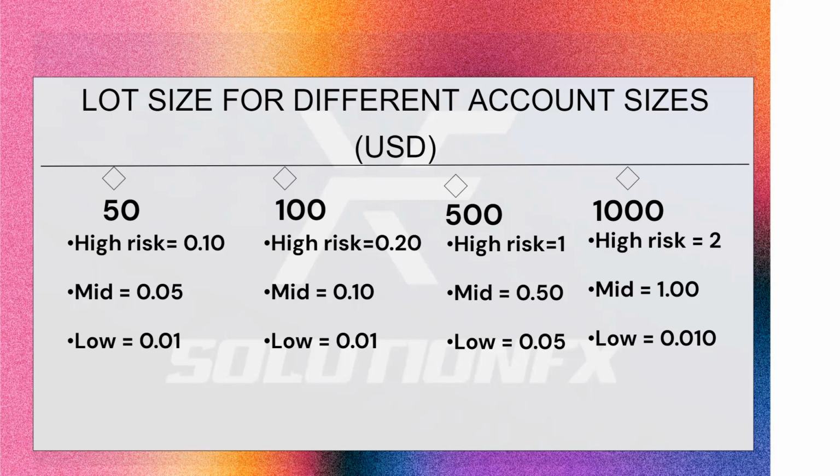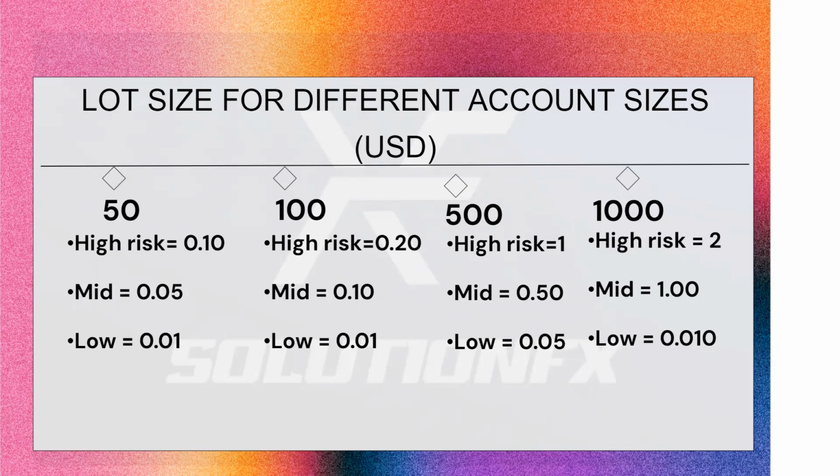You could just screenshot it or just get the video so that anytime you want to take any trade, you could always come to this and refresh it. And there are cases whereby your capital is not among the ones listed there. Let's say your capital is 1,500. It's very simple. Take the value that is closest to the amount of money you're trading with and then use it.